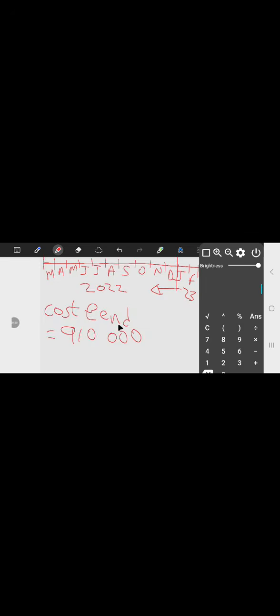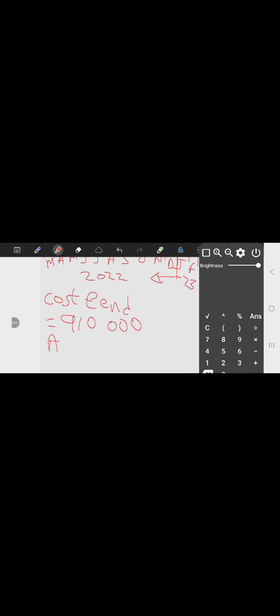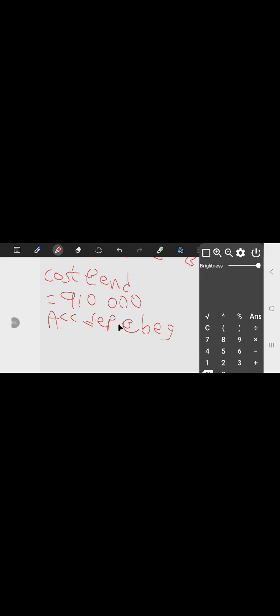We are given as well accumulated depreciation on equipment, but this is at the beginning of the year, right? Accumulated depreciation at the beginning of the year.